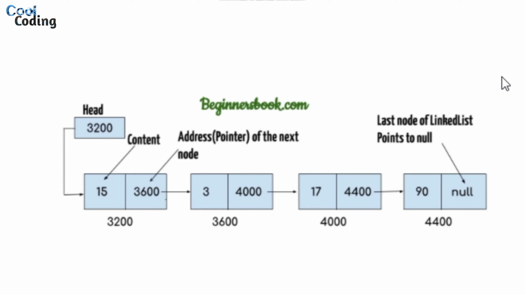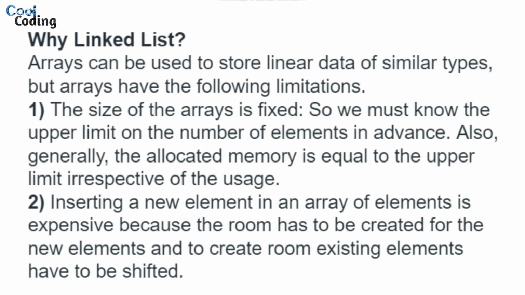So I have to insert the number 100 after 90. I will just take the number and link its address. Here, in the place of null, there will be the address of the next node. So in place of null, I will put the address of 100. So the number 100 will be connected with this linked list.